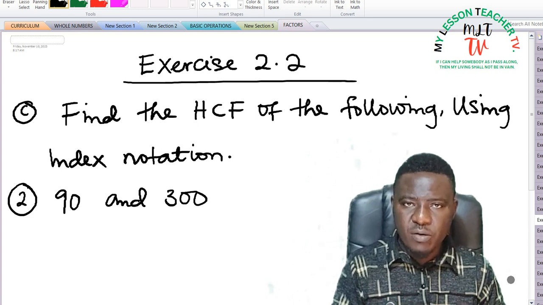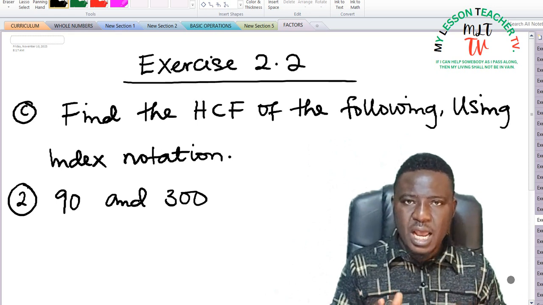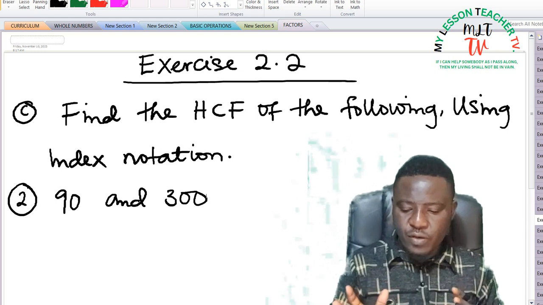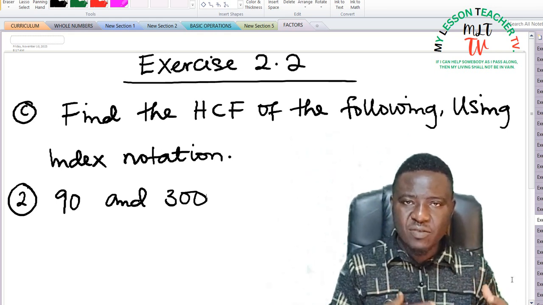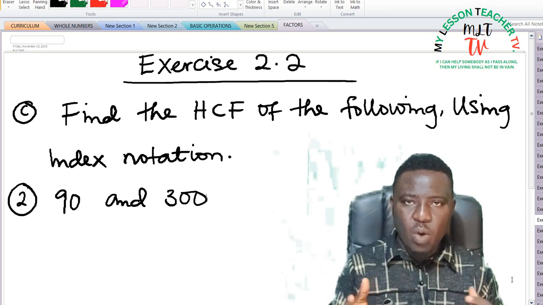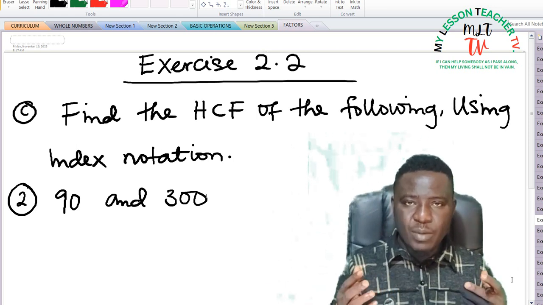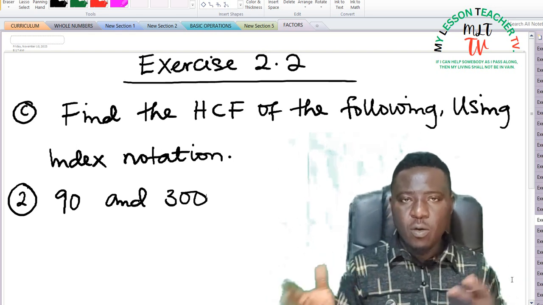Thereafter, we look out for the common factors, and the product of the common factors gives us the highest common factor of this. I shall be using two methods, which we refer to as the prime factorization, and one seems to be the higher version of the other. In method 1, I express 90 and 300 as the product of their prime factors and therefore compare them.